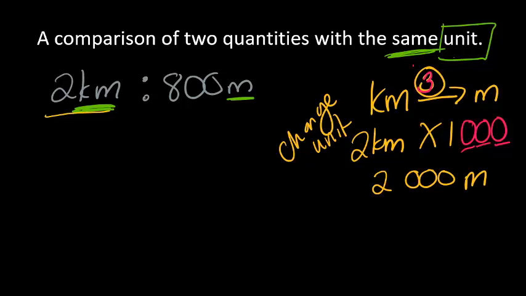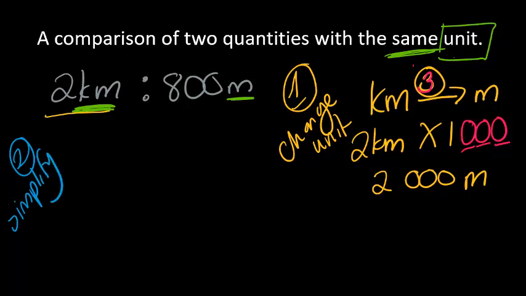So the first thing that you do is change the unit. Then the second thing that you are going to do is simplify. I start with what I have: 2000 meters to 800 meters. Now I want to simplify.